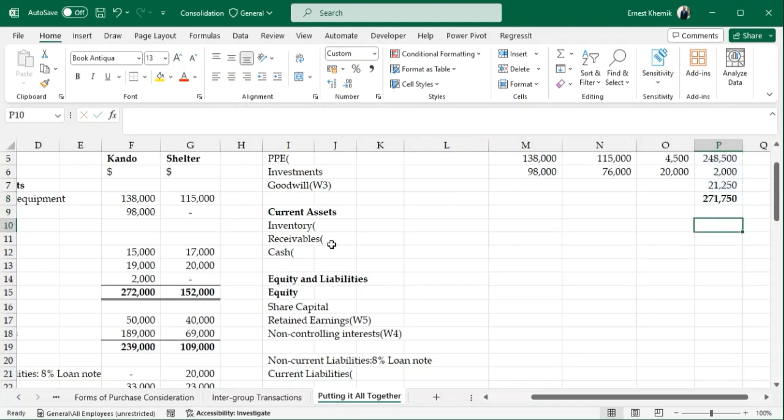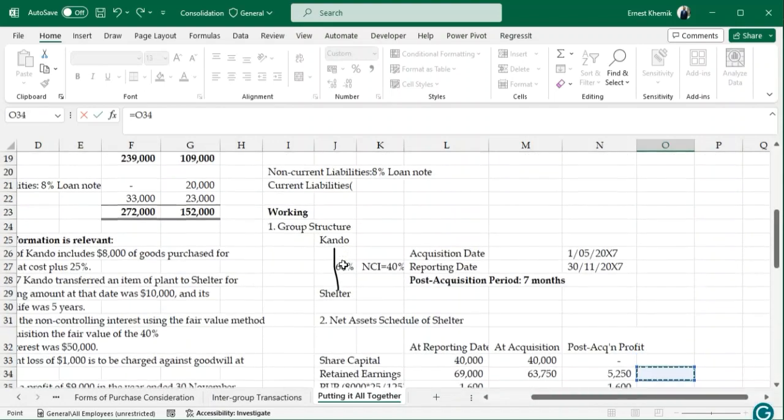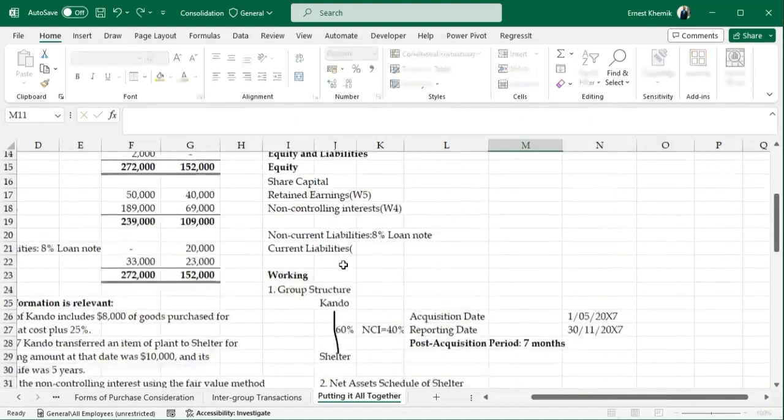and then when it comes to my inventory or the current assets, I have my inventories here. For my inventory, it's going to be the parent figure 15,000 plus the subsidiary's figure 17,000, and then we are going to adjust it for the provision for unrealized profits element, which we found in workings 2. It will be 600.